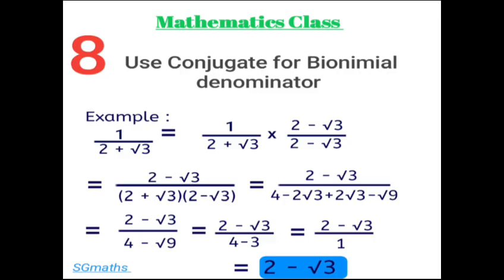That is why we have 1 over 2 plus root 3 multiplying 2 minus root 3, and 2 plus root 3 is multiplying 2 minus root 3. Then you see it here, 1 times 2 minus root 3 will give us 2 minus root 3, divided by, now this 2 plus root 3 is now multiplying 2 minus root 3.